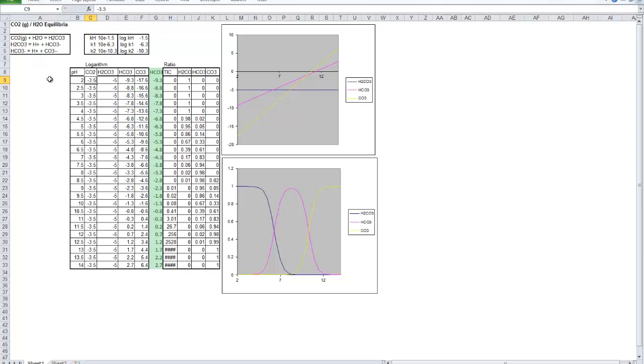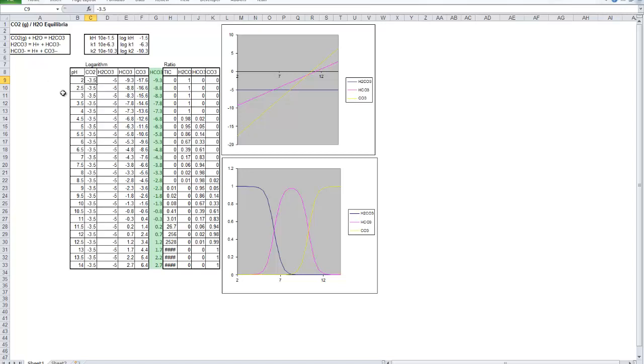Then if you were to take logarithms of both sides, that would change from being H2CO3 divided by CO2 into being log H2CO3 minus log CO2 equals log of 10 to the minus 1.5, which is minus 1.5. So we want to get log H2CO3 on its own on the left hand side, so we just need to move the minus log CO2 onto the right hand side.